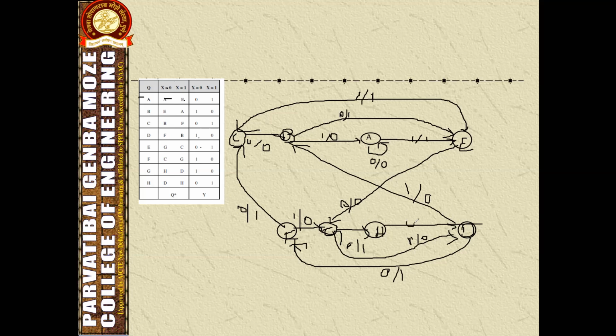Then H to H, we can give like this also. H to H, when input is high, the output is also high. So these are the possible combinations, so we have drawn the state diagram.